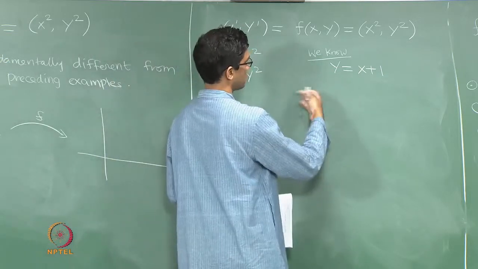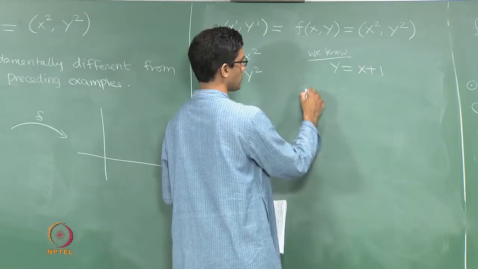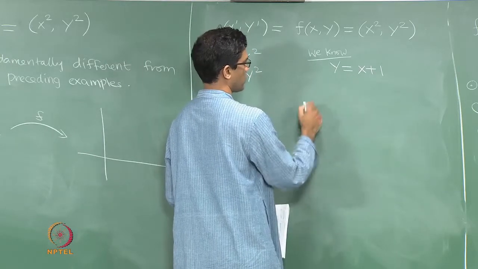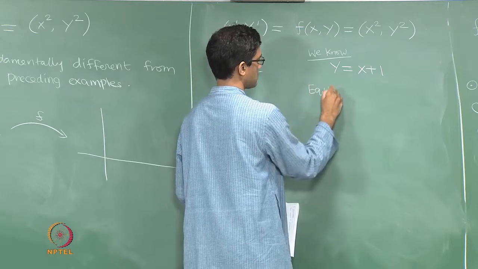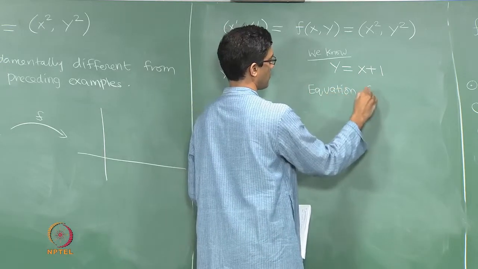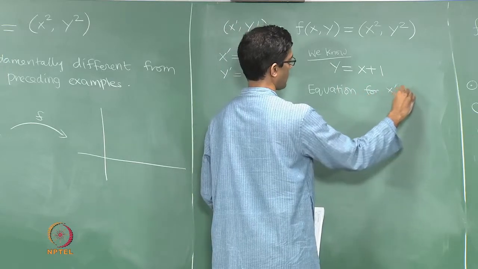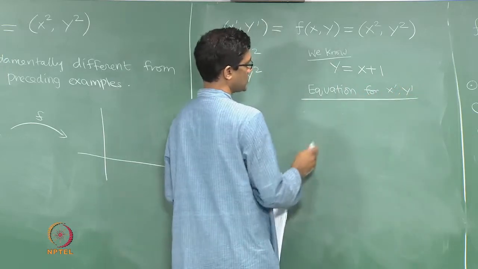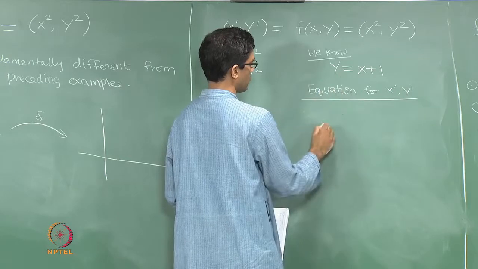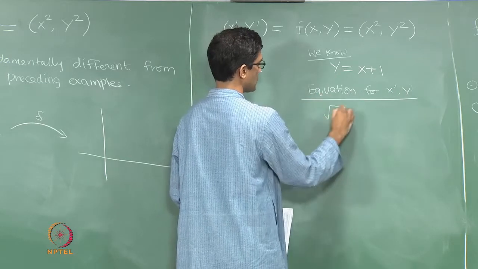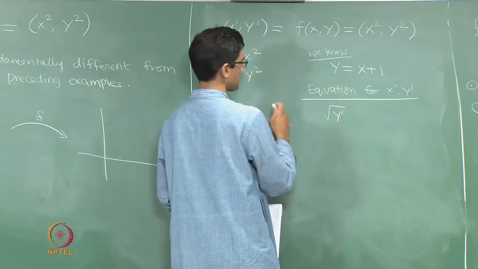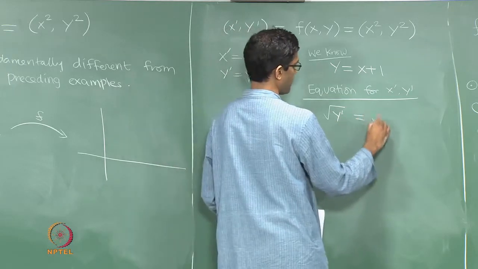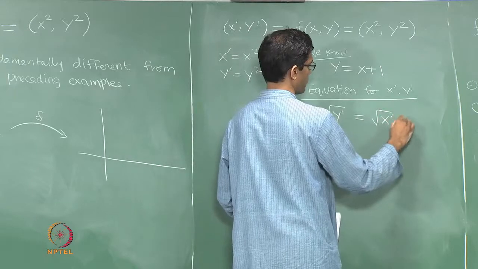So, let us try and figure out what this implies; we want an equation in terms of x prime and y prime, okay. So, it is again easy just like we did earlier. We will just rewrite y as the square root of y prime, since y prime is y squared. So, it is square root of y prime equals square root of x prime plus 1.